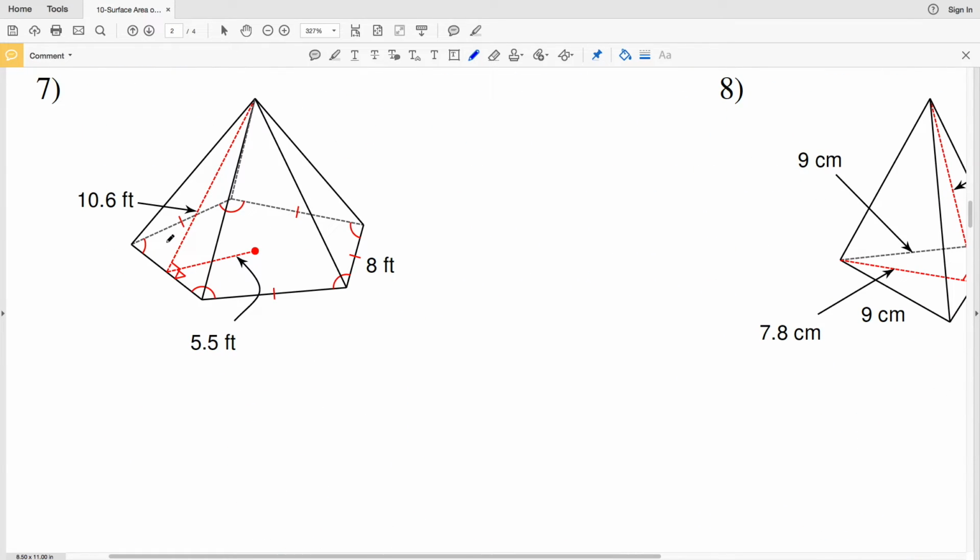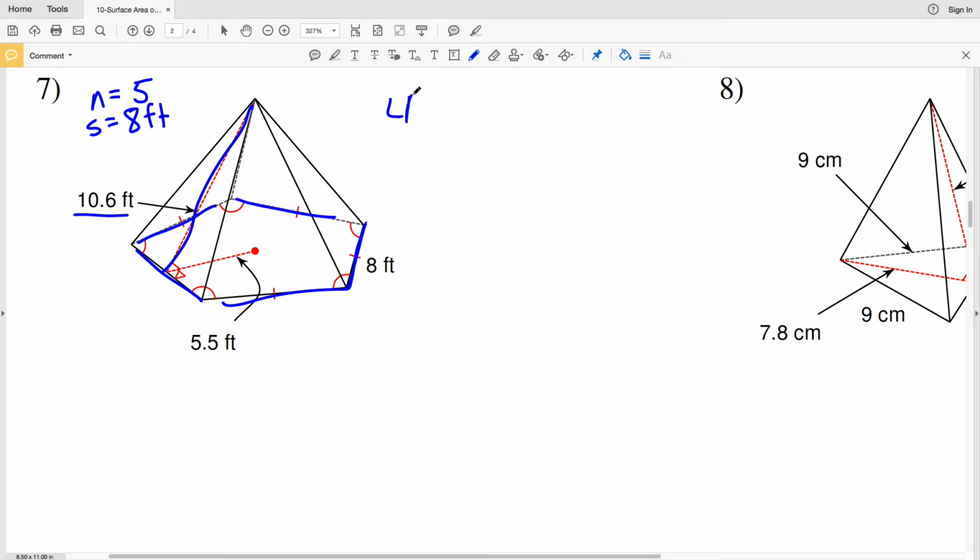In number 7, you can see that we have a 1, 2, 3, 4, 5-sided figure, so that's a pentagon as the base. So the number of sides N is 5, and our side length, S, is going to be 8 feet. Also note that they give us the slant length of 10.6.